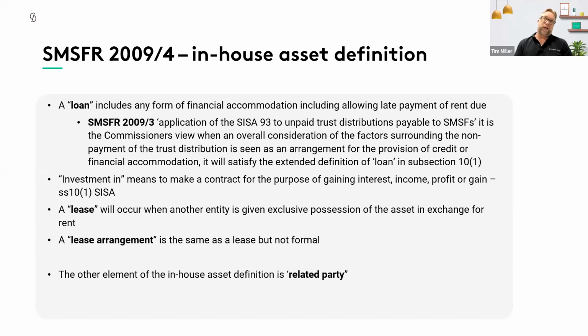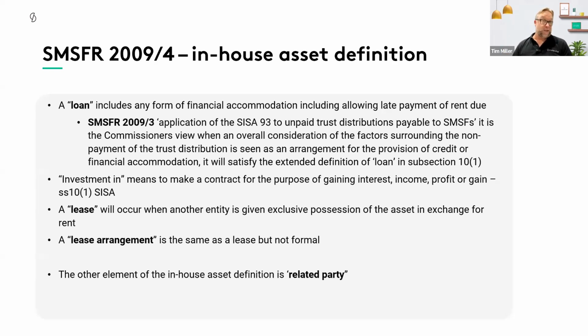But if the unit trust financials are prepared early in the financial year and the trust distribution is known, but it sits there still as an unpaid present entitlement to the superannuation fund, and the time frame sort of drags on a little bit, then we've got to consider the financial accommodation from the super fund point of view. And when we're talking about in-house assets, the concept of a loan could be that financial accommodation.